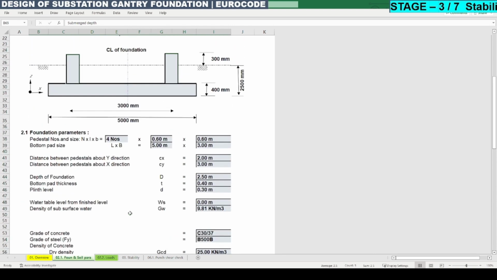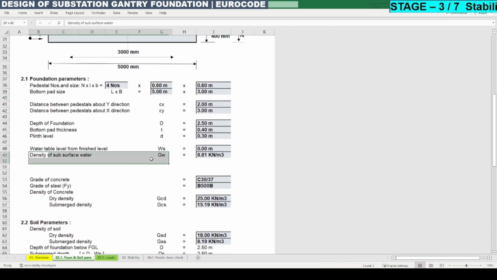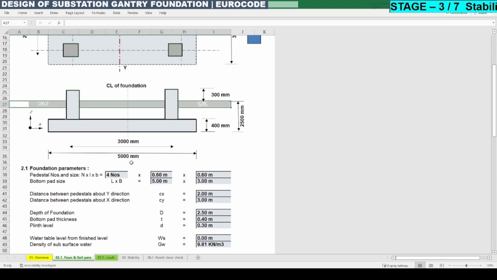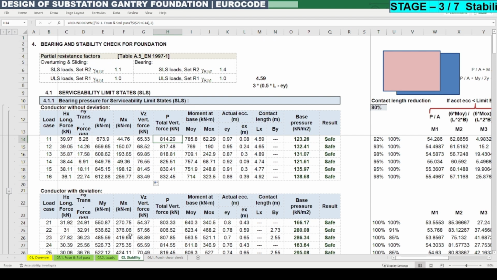That means the water table level is at 0, meaning 0 from the finished ground level. It means the water table is at the top of the foundation or the ground level. So up to here the water table is there. So the concrete foundation is subject to loss of weight due to the water uplift forces. It means the self weight of the concrete and the submerged soil we need to consider.